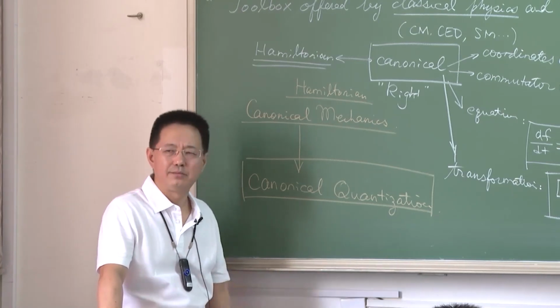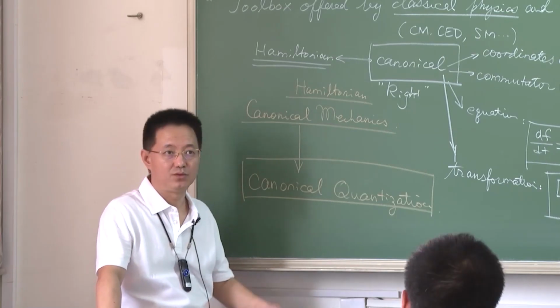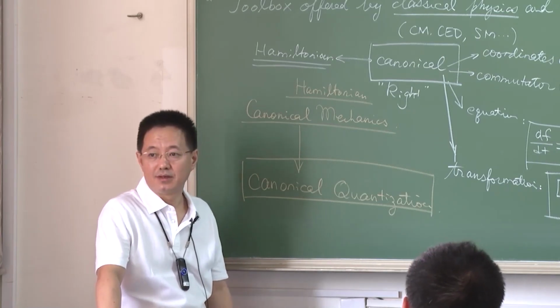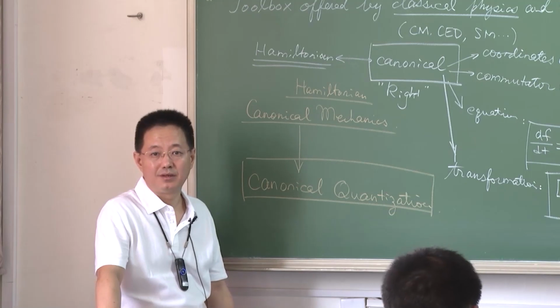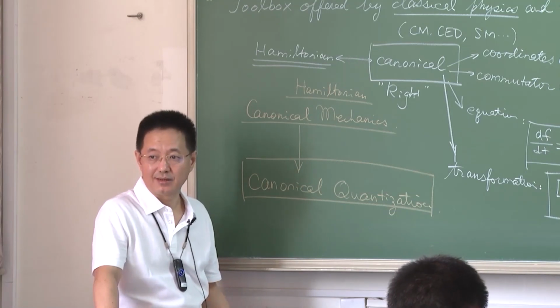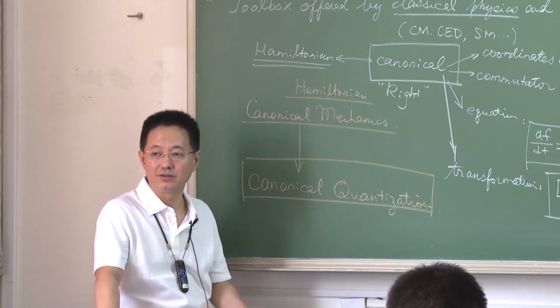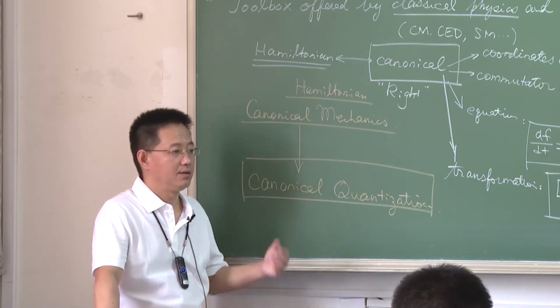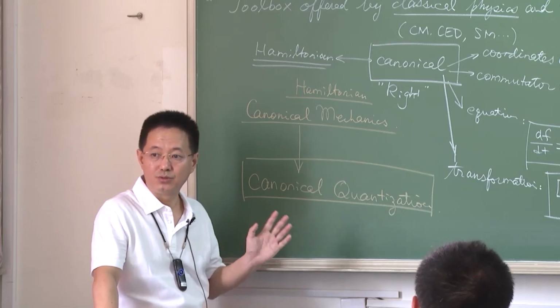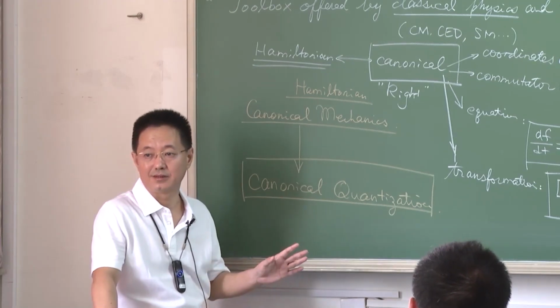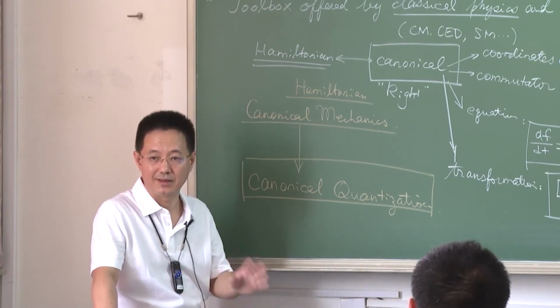But maybe 20 years later, Richard Feynman introduced the Lagrangian-based quantum mechanics. He introduced the path integral, and after the path integral and propagator, people had another new version of quantum mechanics, that is Lagrangian-based quantum mechanics.